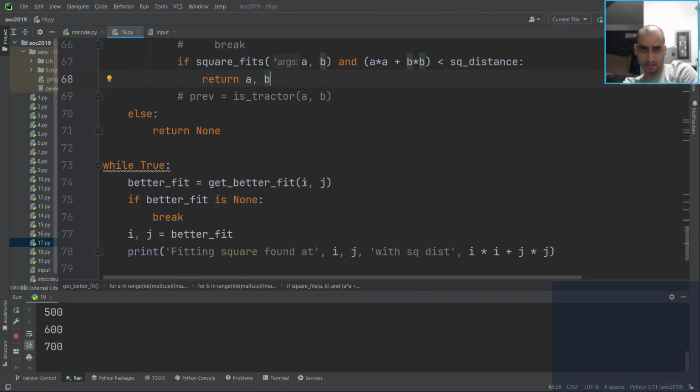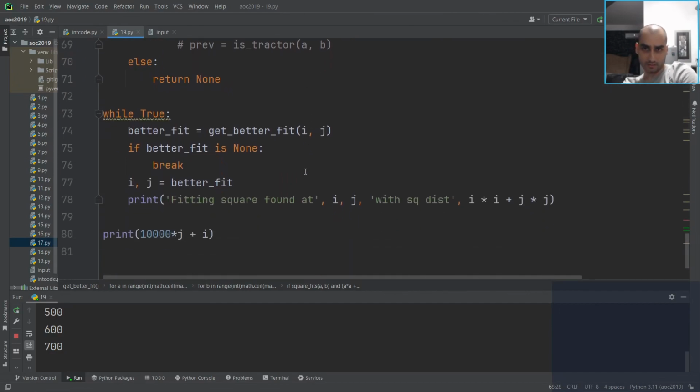So there's nothing. It should just work. So I don't know what else could be the problem. And then it's 10,000x. And we take the top left point of the square.